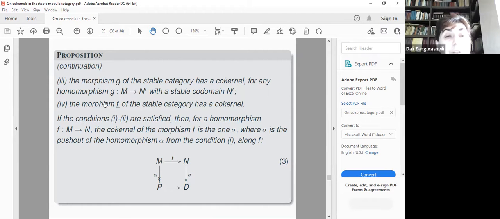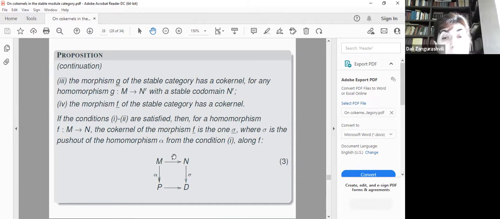And the fourth condition is that the morphism, here we deal, in the fourth condition, we deal not with arbitrary morphisms with domain M, but specifically with the morphism F, which was fixed above. The condition asserts that this morphism of the stable category has a cokernel. And if the first two conditions are satisfied, then the cokernel of the underlined F is the following morphism.